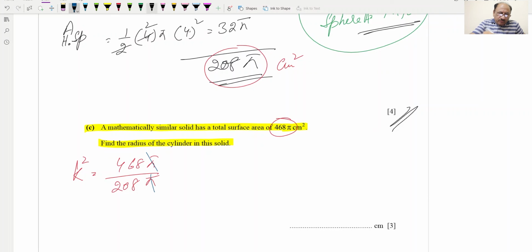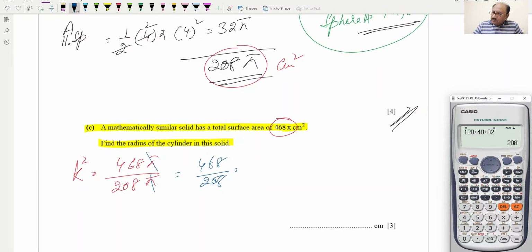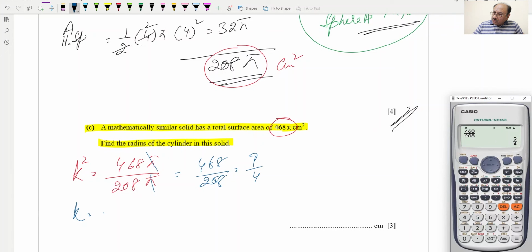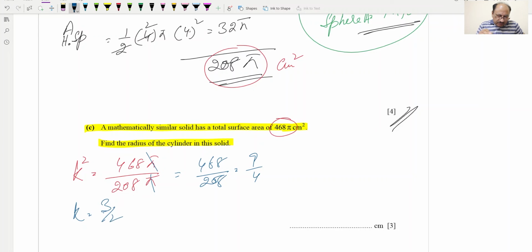Pi will be cancelled, so we will get the ratio as 468 over 208, and this is 9 by 4. So k value will be equal to root of this one. So root of the answer is equal to 3 by 2. So k value is 3 by 2.